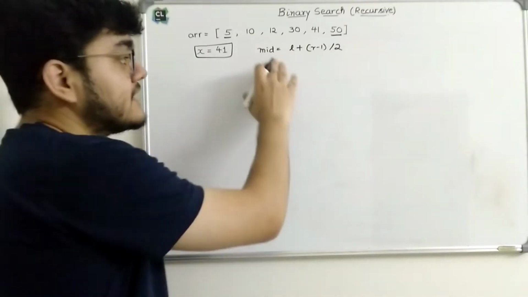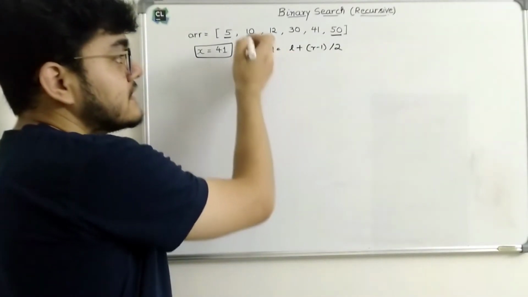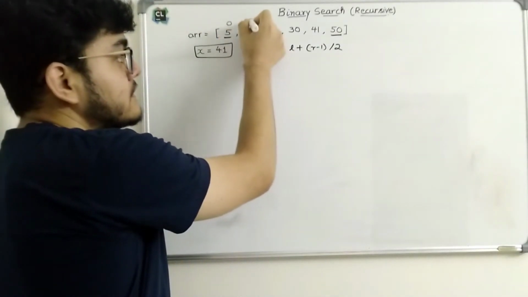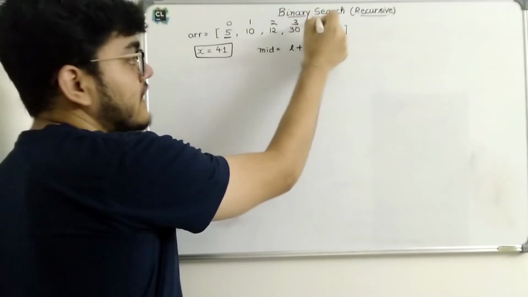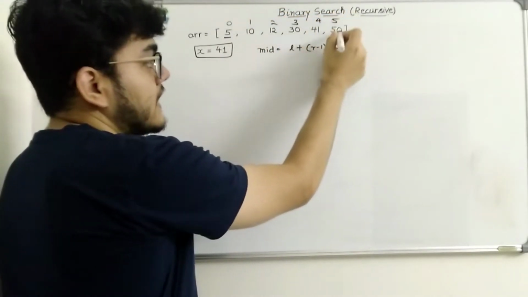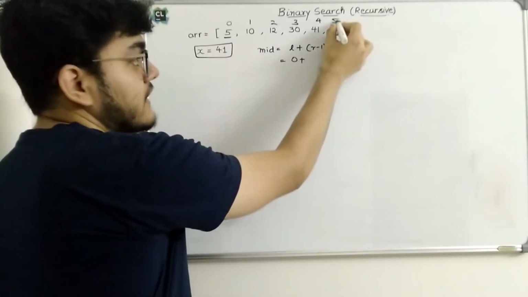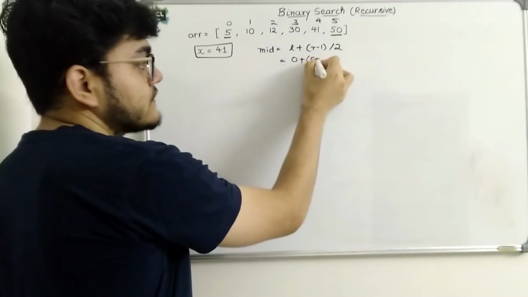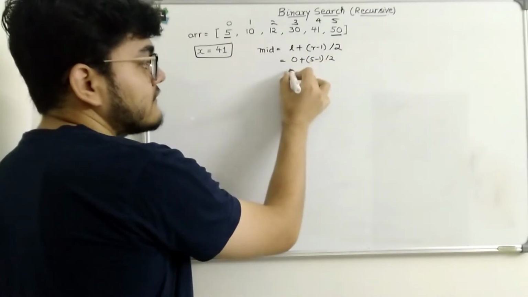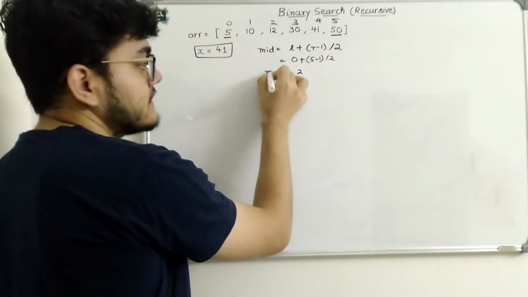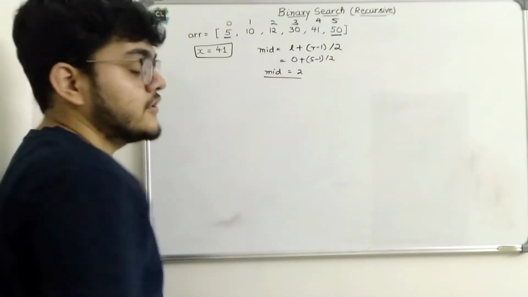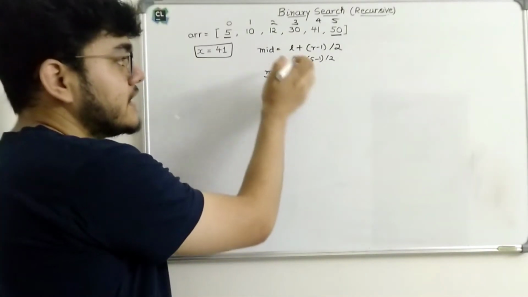Left has a position 0, and similarly we have these positions here, and the right position is 5. So 5 minus 1 divided by 2, and the answer that we have here is 2, right? So we calculate the mid element like this.